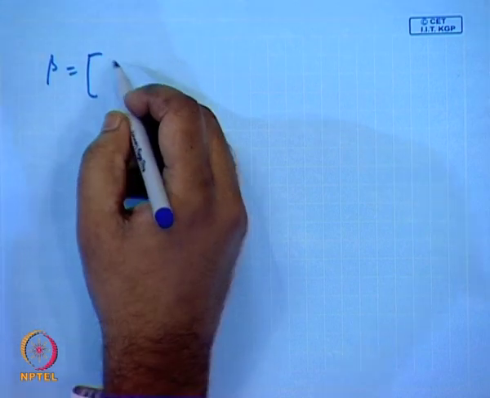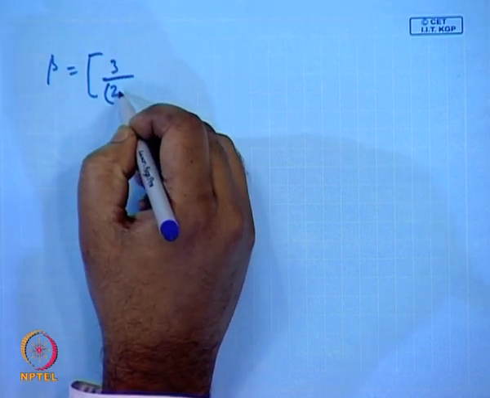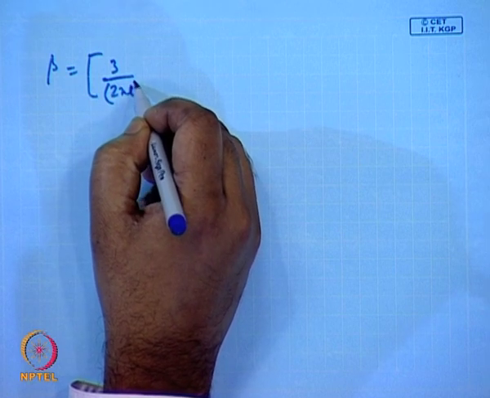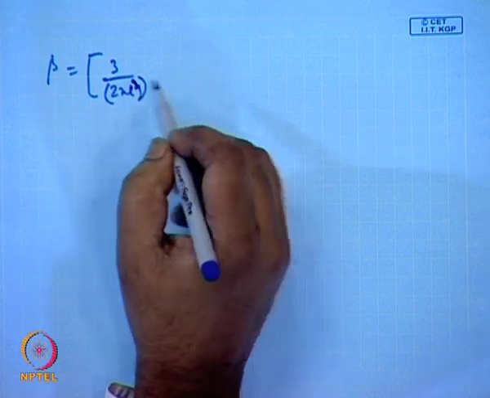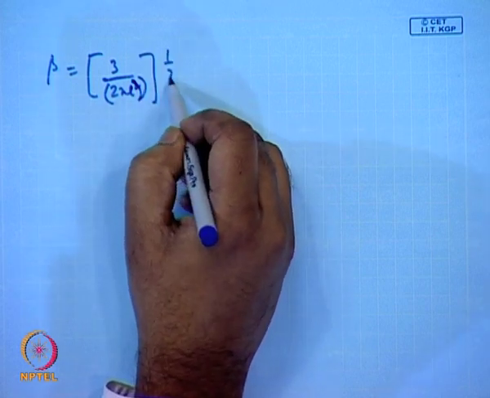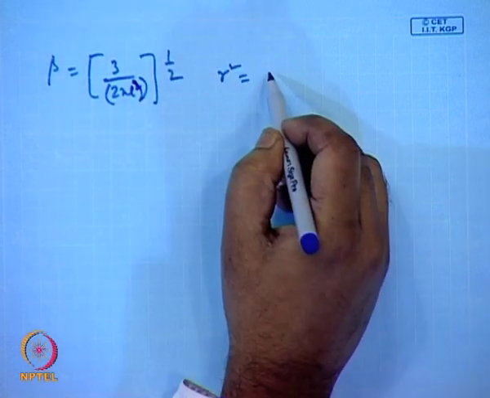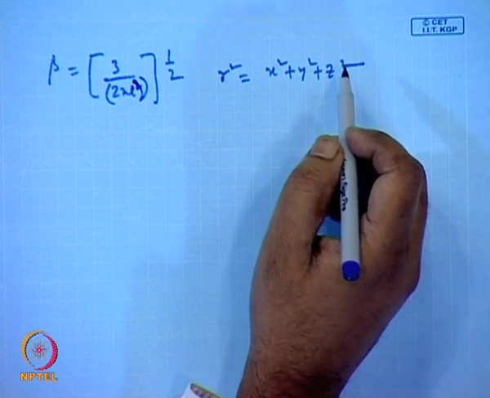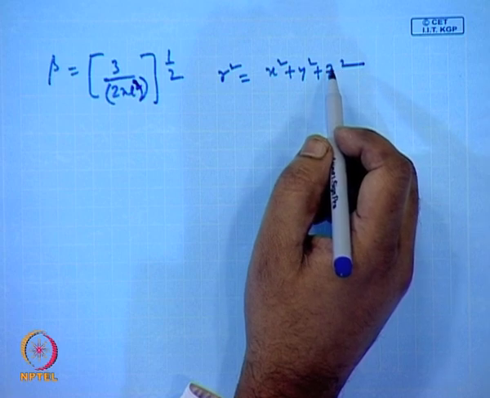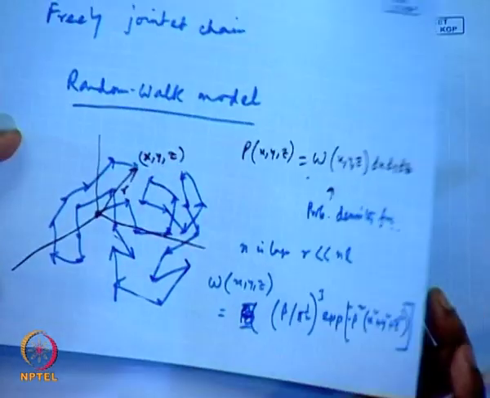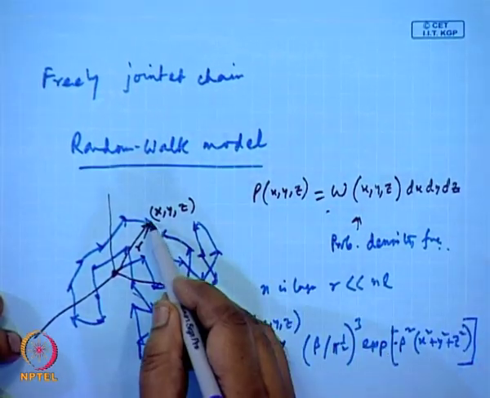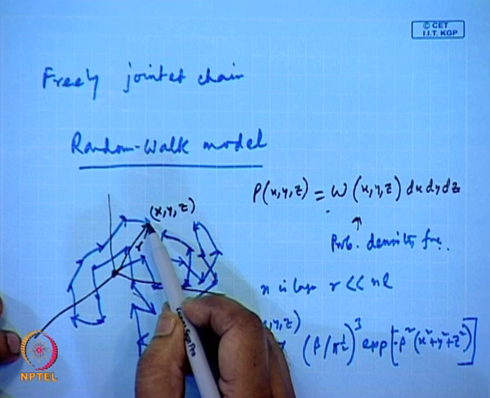where beta is now. Here we are considering one unit volume in this place.